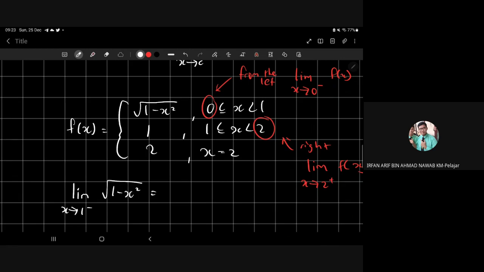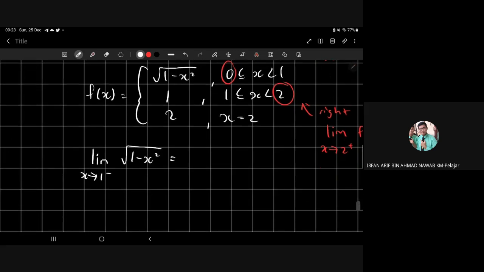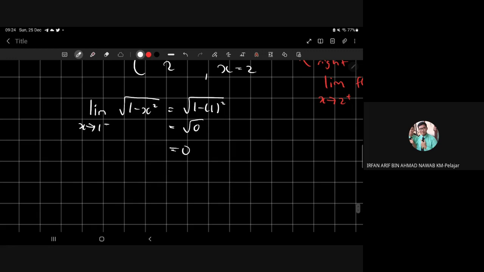What is the value for the limit? Square root of 1 minus 1 squared, obviously it becomes 0. Wait, no, I'm sorry. Yeah, it's from the left. How about limit as x approaches 1 from the right?